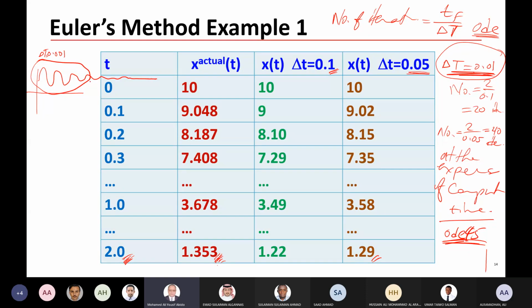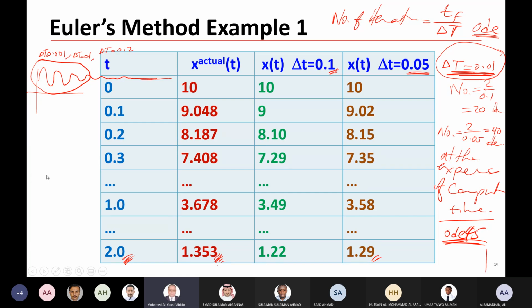Once you see the solution doesn't change very much, you can increase delta t to, for example, 0.1. And if it comes to this, you can increase it to delta t equal to 0.2 seconds, and so on. So it depends on the solution. You can have an adaptive delta t, and this is what you have in the MATLAB function to solve the ordinary differential equation.